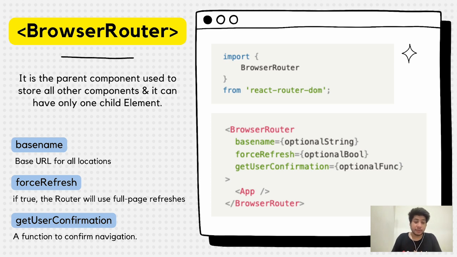And getUserConfirmation, which is a function to confirm the navigations. You must have gone to a lot of websites where, whenever you try to close a window, it asks you whether you really wanted to do this, or if you just clicked it by mistake. So it wants the user confirmation, and you can pass that function to this BrowserRouter.